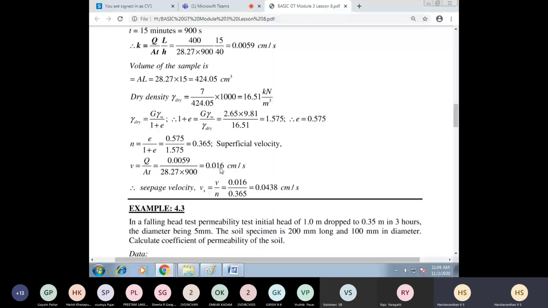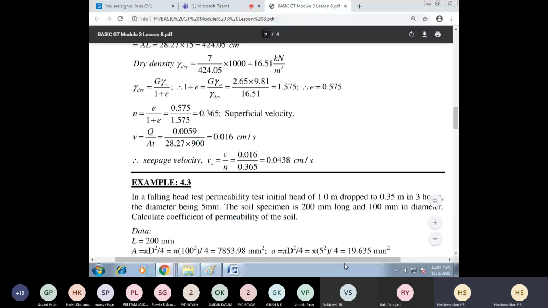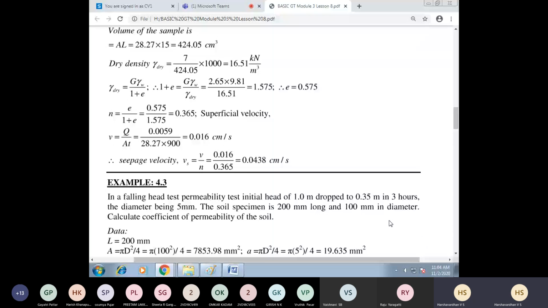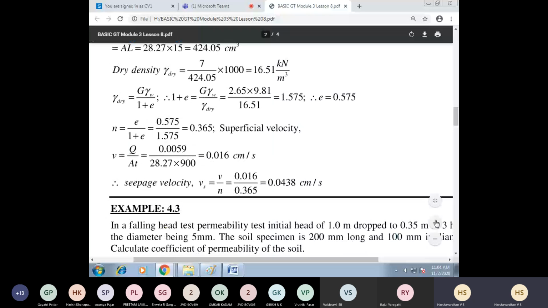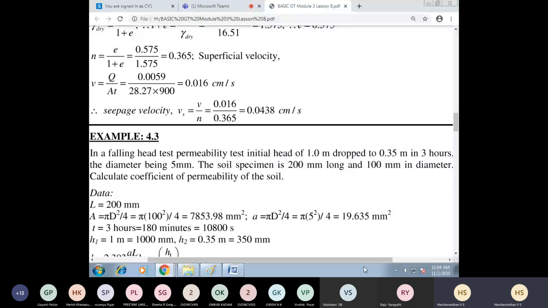Okay, final question of the day. Write down the third question. In a falling head test, initial head of 1 meter dropped to 0.35 meter in 3 hours.